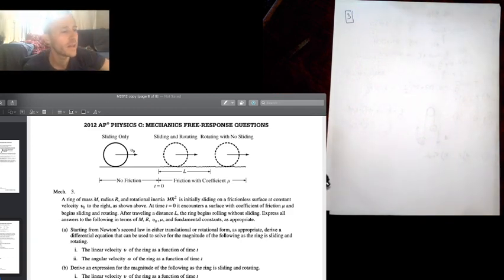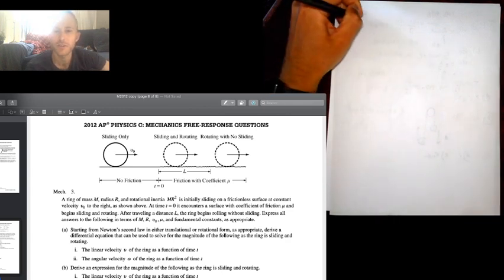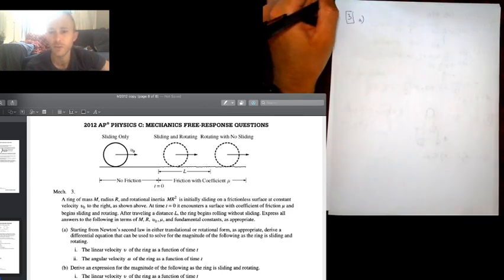So A, starting from Newton's second law in either translational or rotational form as appropriate, derive a differential equation that can be used to solve for the magnitude of the following as the ring is sliding and rotating.